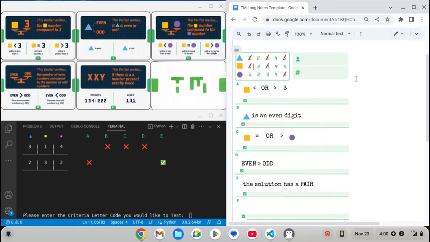Okay, let's list out some possibilities. If triangle were 2 and it pairs up with square, it would be 2, 2, 1, based on the fact that square is either going to be greater than or equal. And that might be the only possibility if triangle and square are paired up with 2's.